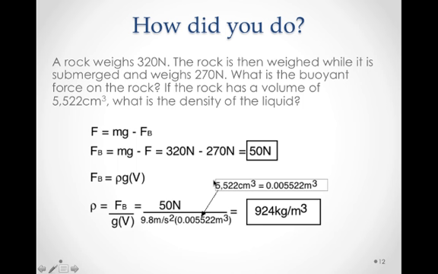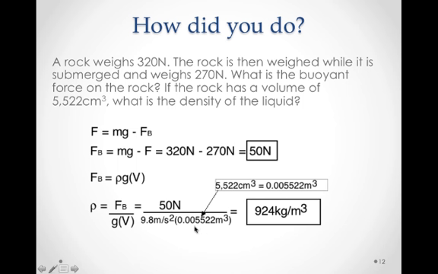Then we plug in all of our numbers. There's also a little bit of a catch here, a little trick. The volume was in centimeters cubed, so we have to divide by a million, because a centimeter is 1/100th of a meter, and it's in 3 dimensions, so 100 times 100 times 100 moves the decimal over 6 places, and we get our answer in meters cubed.